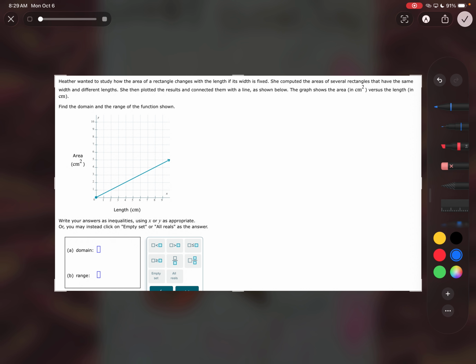So my domain on this one, we don't have to use interval notation, it doesn't look like. It says write your answer using inequalities. Nothing's going to change in the way we're doing it. Domain is going to be my X values. I'm looking at how far left to right it goes. So my domain goes from 0 to, and it has an arrow, so that means it keeps going. So this is going to be X is always greater than or equal to 0.